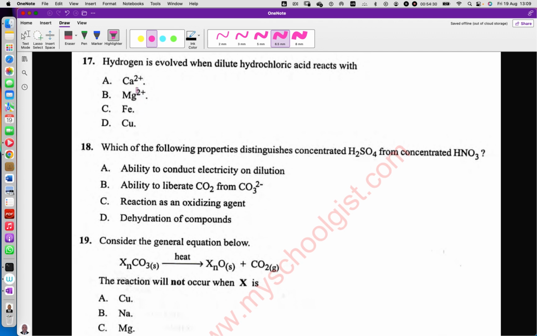So from all this, we can conclude precisely that only the magnesium ion will evolve hydrogen gas when reacted in the laboratory with dilute hydrochloric acid. So our answer for 17 is B.